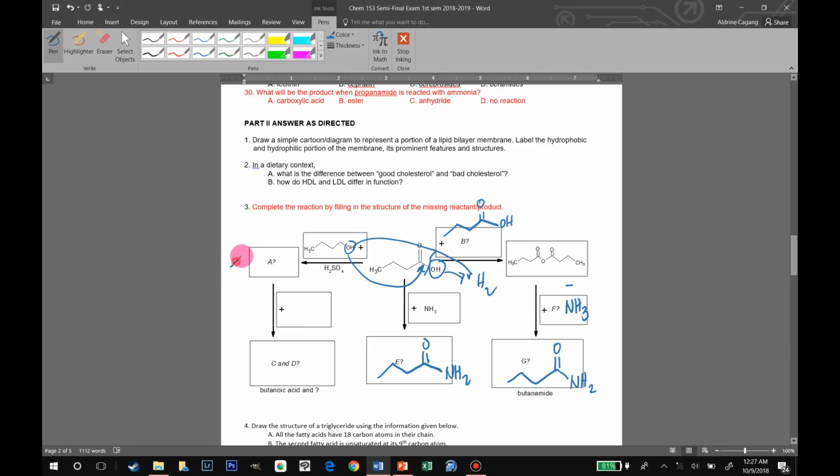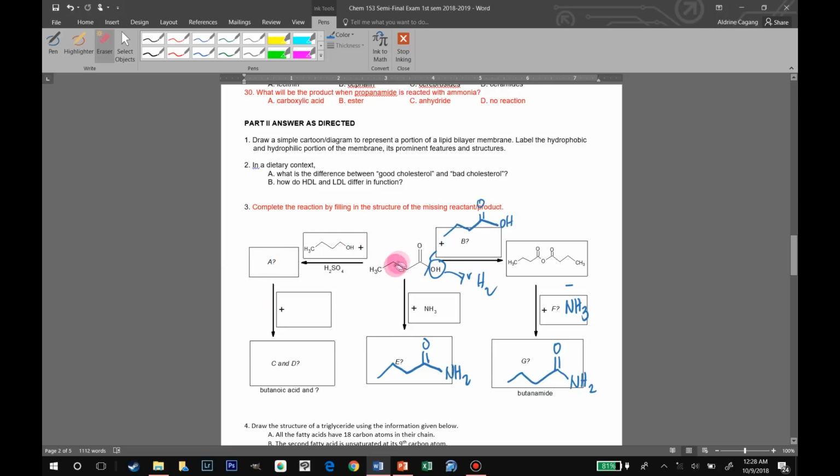So you will get 1, 2, 3, 1, 2, 3, 4, C double bond O, O. This one is 1, 2, 3, 4. So this would be your ester.